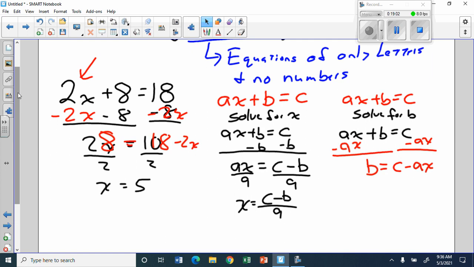Well, actually, one thing in particular, right here. The only way that can even happen is A cannot be 0, because you can't divide by 0. So I just want to point that out.